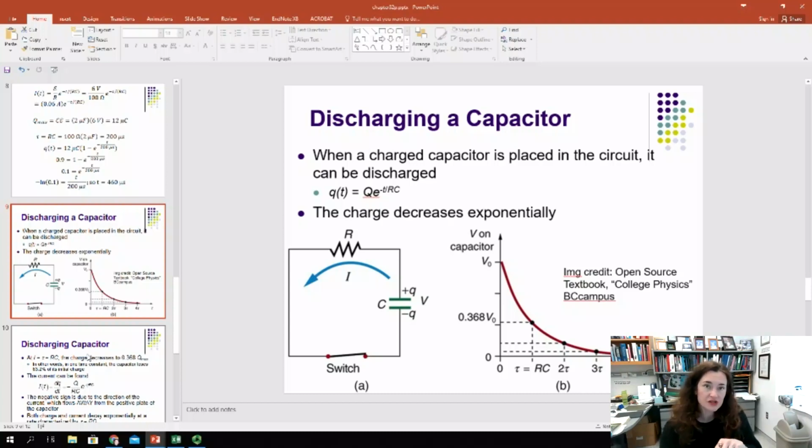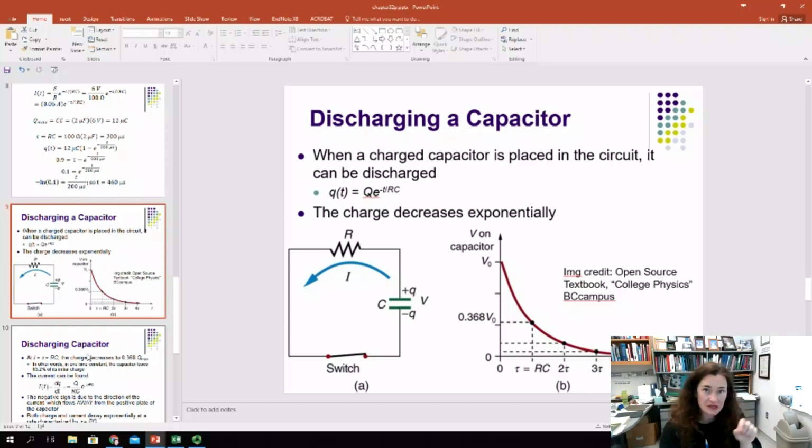When you place it in the circuit in series with a resistor and close the switch, what happens is current begins to flow. Since the current is defined as the direction of positive charge flow, it's going to flow away from that positive plate. In other words, the positive charge would like to move towards the negative charge because it's attractive, but it can't because there's an insulating material in there.